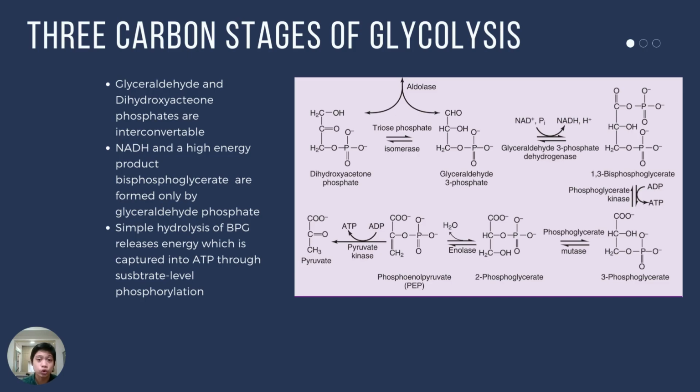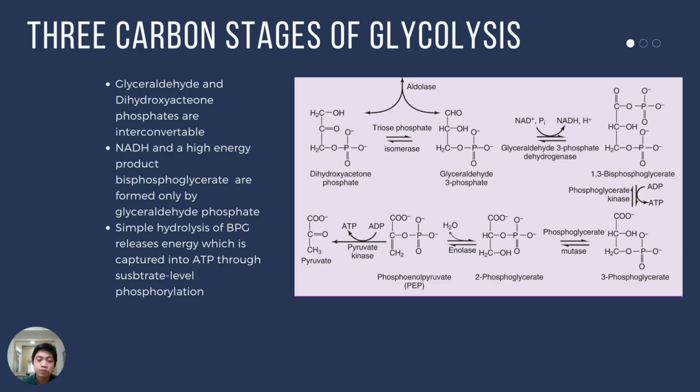In the zoomed in photo, we will understand that only glyceraldehyde 3-phosphate proceeds into the further steps of the reaction. So glyceraldehyde 3-phosphate is taken up by the next phase, and DHAP or dihydroxyacetone phosphate would have to be converted to glyceraldehyde 3-phosphate to undergo metabolism.